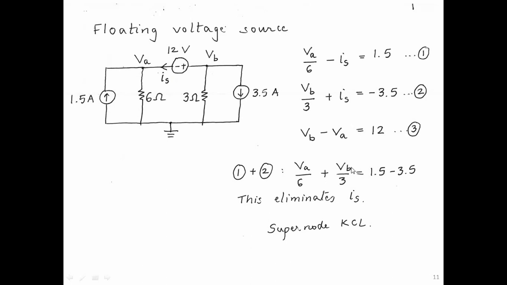So we've reduced the number of equations by 1 by adding the two KCLs across which the voltage source is connected. Now if you look at this equation, this is actually the KCL written for a closed surface that encloses this voltage source.